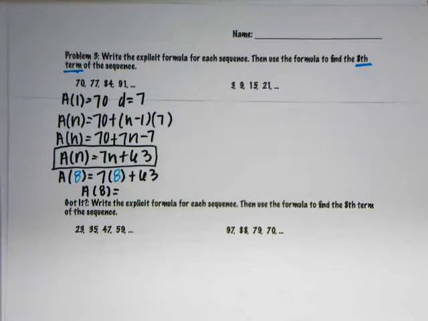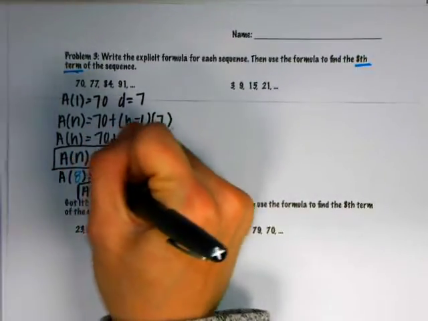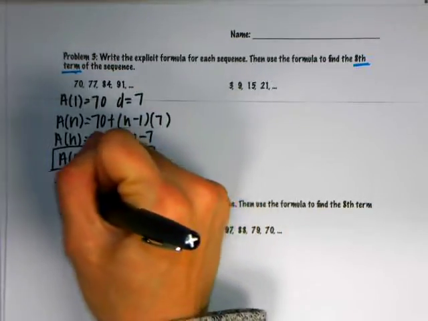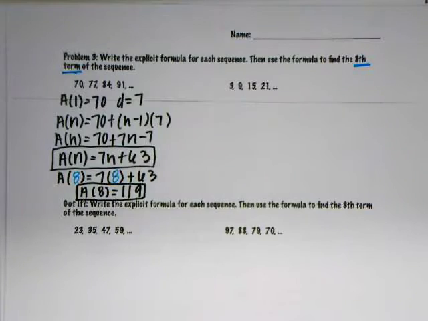So my 8th term is 119. Is that right? Yes. 119, okay. So what that means is if I were to extend this pattern out and keep doing the add 7, add 7, add 7, the 8th number in that list would be 119. Okay?